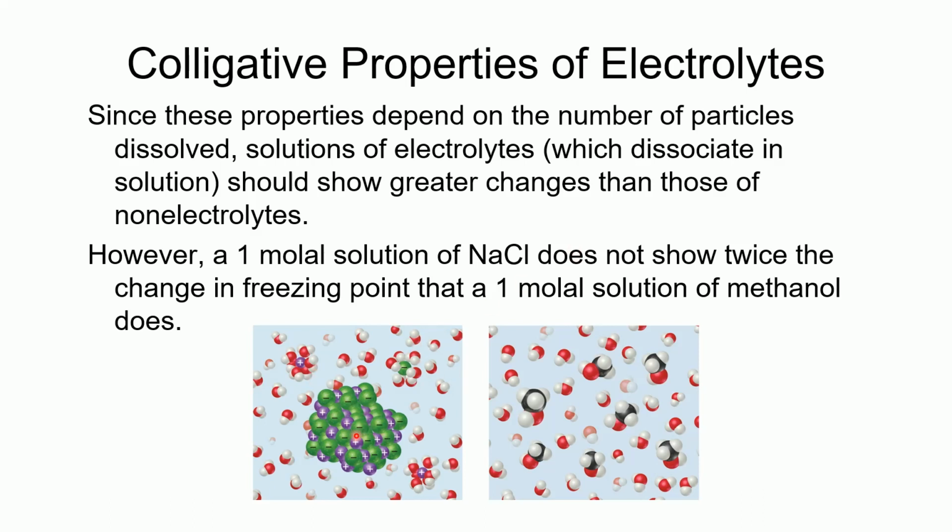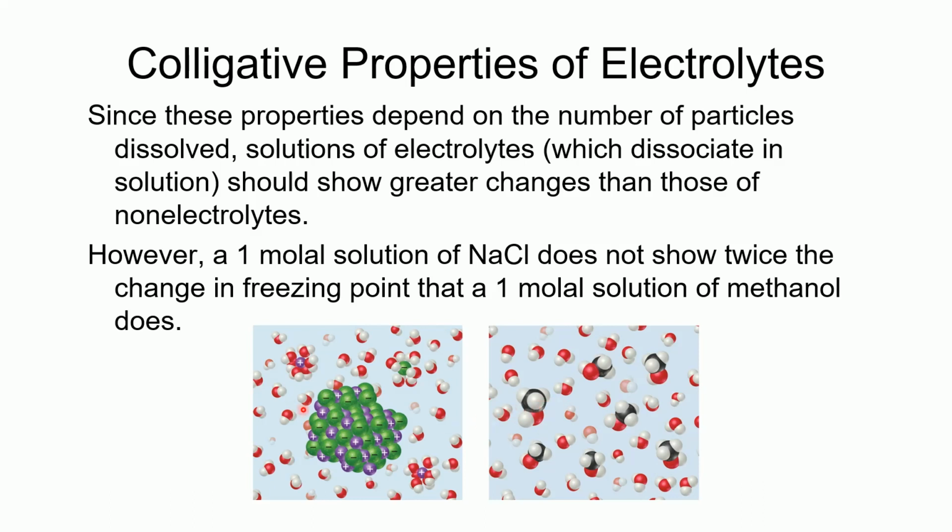So here, for example, for every mole of sodium chloride that dissociates, you don't get 1 mole of particles, you get 2 moles of particles. You get 1 mole of sodium ions and 1 mole of chloride ions. Well, it turns out those ions act like individual particles. So for colligative property purposes, they are independent of each other.